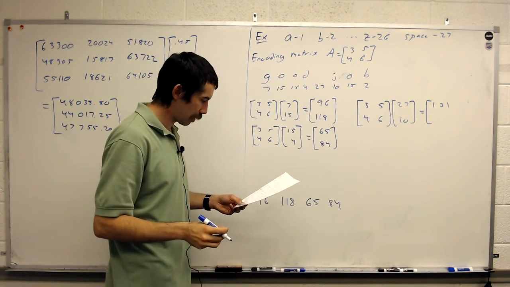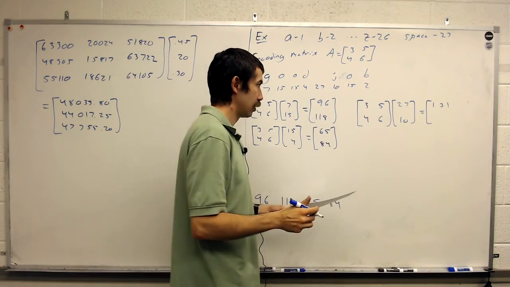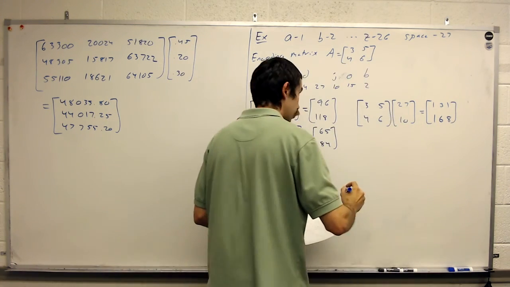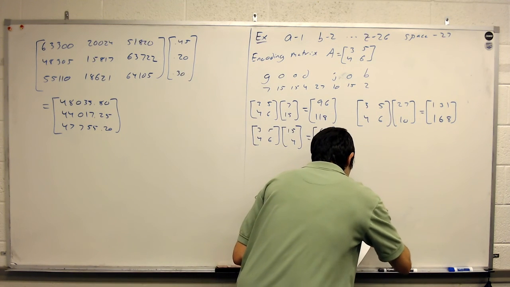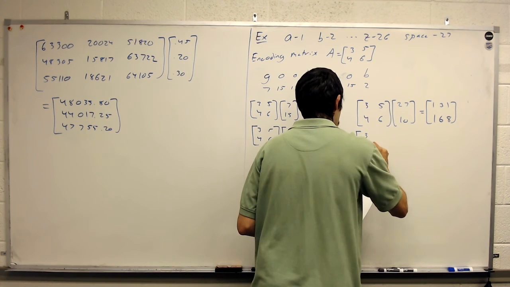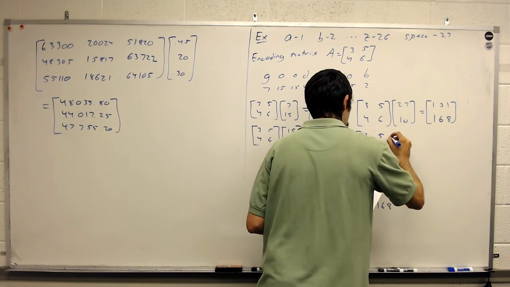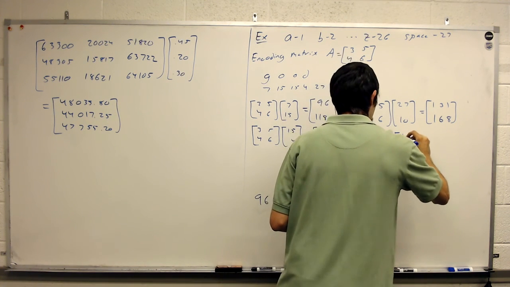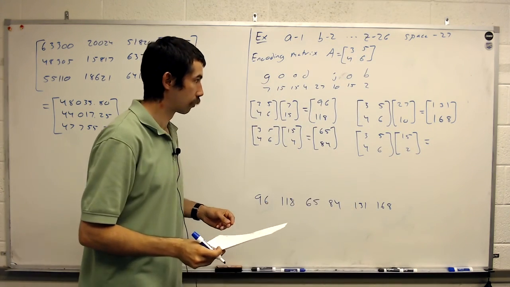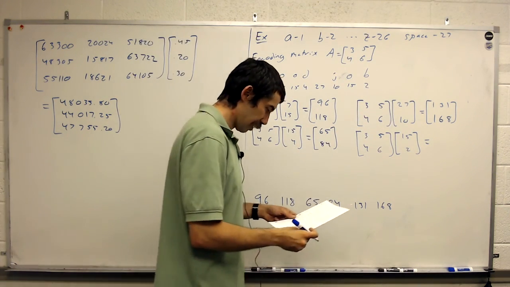And 108 plus 60 is 168. And then finally, the last 2 letters is 55, 72.